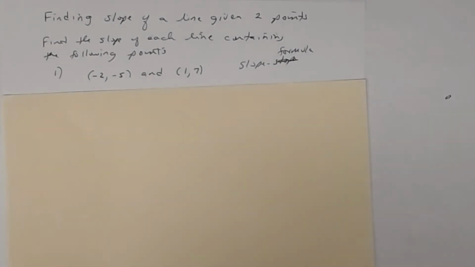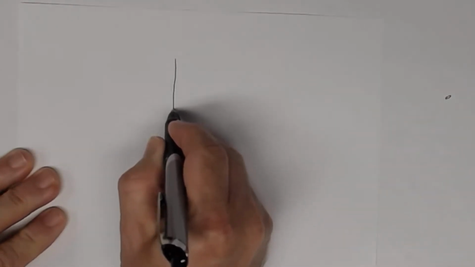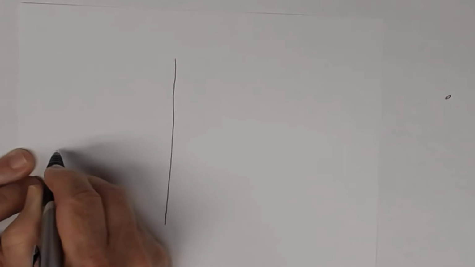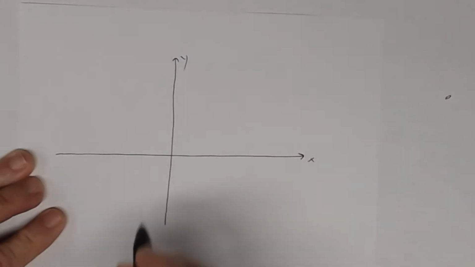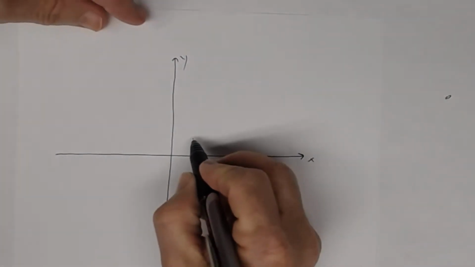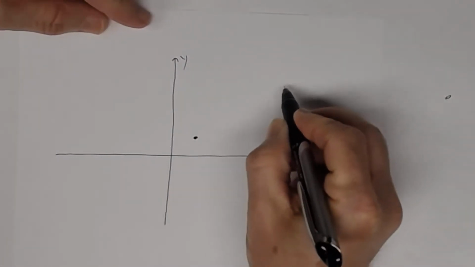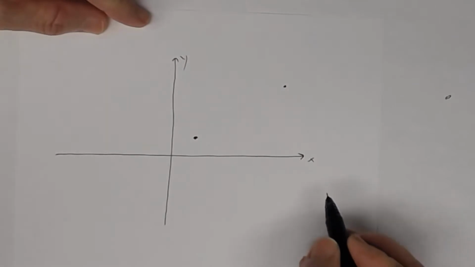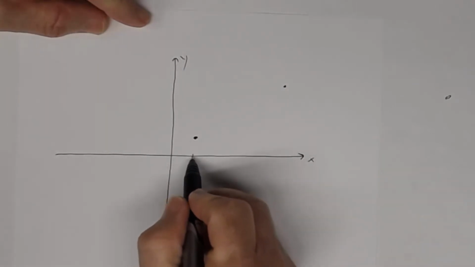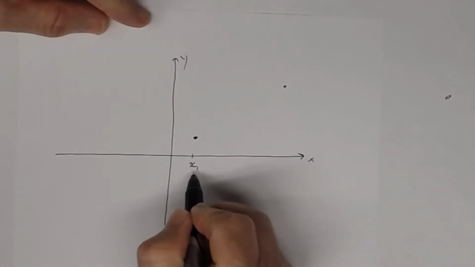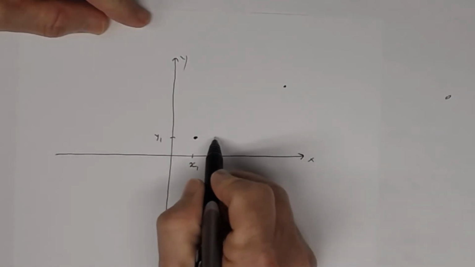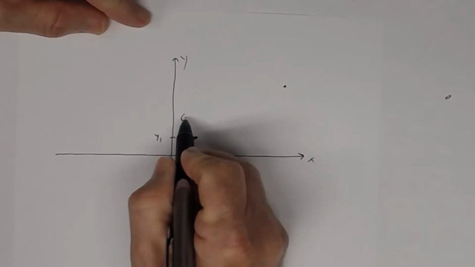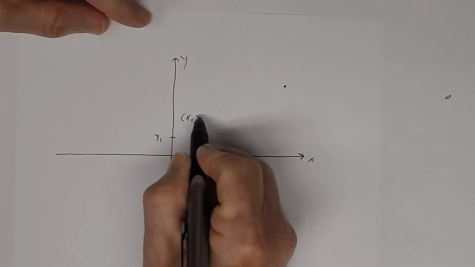So let's look at this situation. I have this coordinate plane. Here's the x-axis, here's the y-axis. All right, and let's suppose I have these 2 points here, this point and this point. Let's call the x-coordinate here x sub 1, and the y-coordinate y sub 1. So the coordinates here are x1, comma, y1.